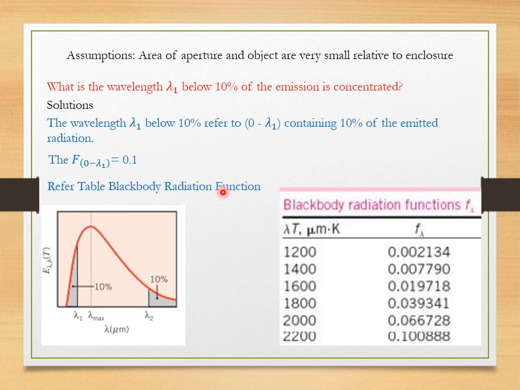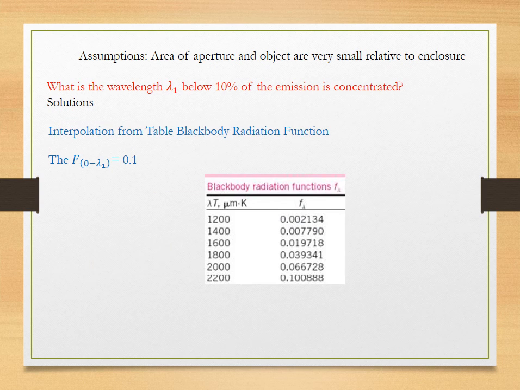Then we find that 0.1 is somewhere in this part, in the range from 2000 until 2200. Then we need to do some calculation to obtain the exact value for 0.1, because the 2200 refers to 0.100888, which is not exactly 0.1.